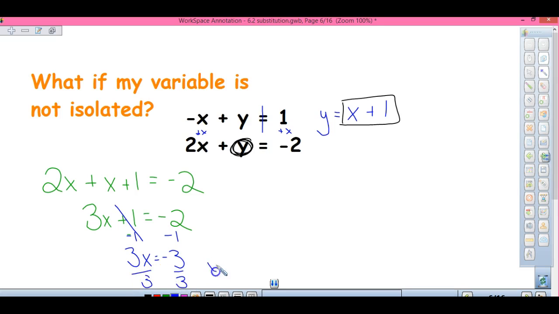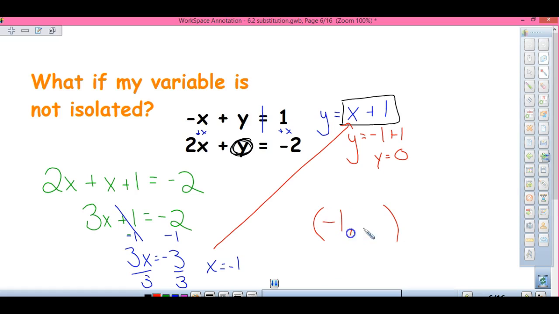Divide by 3, x is negative 1. Where does it go? Into the box. Y equals, what's x? Negative 1 plus 1. So y is 0. My intersection point is negative 1, 0.